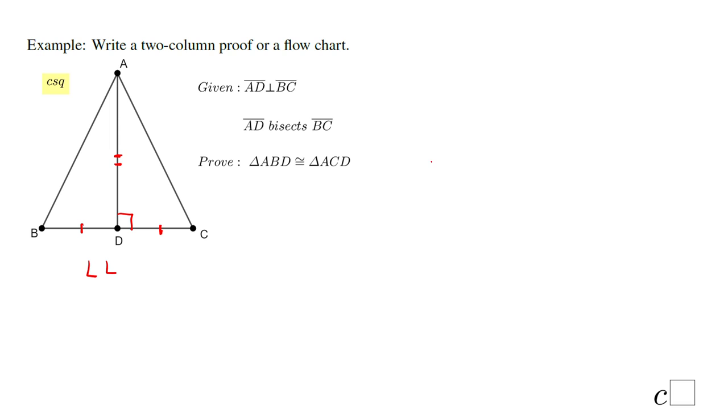Okay, so now again I'm going to do a flowchart, and I'm going to start with what is given. AD perpendicular to BC. Let's start with the first one. This is given. Let me write the given first.